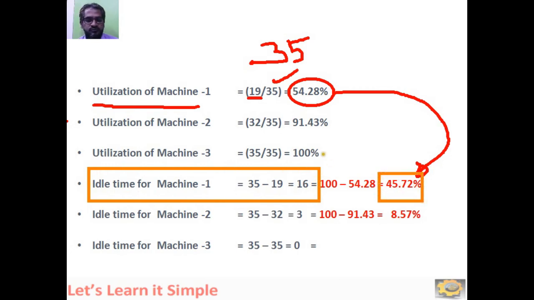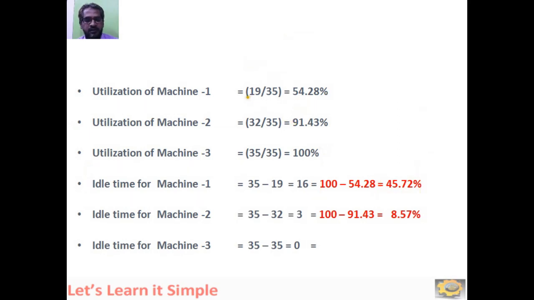So let me repeat again. 35 is the makespan, but by 19 time units, machine 1 completes all the jobs. Therefore, utilization of machine 1 is 19 by 35, which amounts to 54.28%.